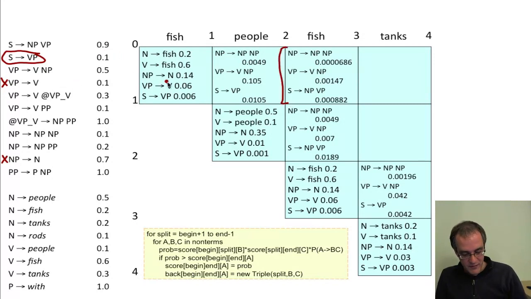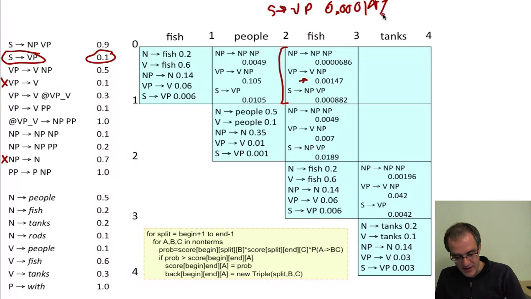So we'd also find a new way of making an S by making it from a VP, but its probability would be 0.1 times this number, so it would be 0.000147, which is less than the way we've already discovered of making an S, so we'll keep this as the highest probability analysis.